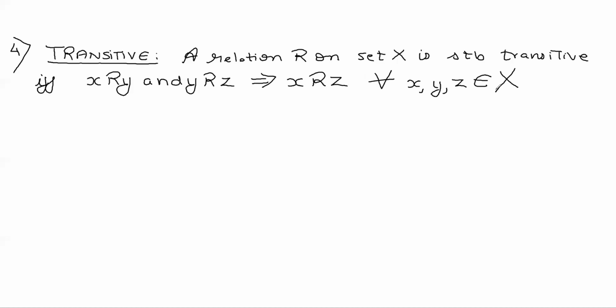If X is related to Y and Y is related to Z, then X is related to Z, for all X, Y, and Z belonging to the set capital X. Let's understand this using an example.